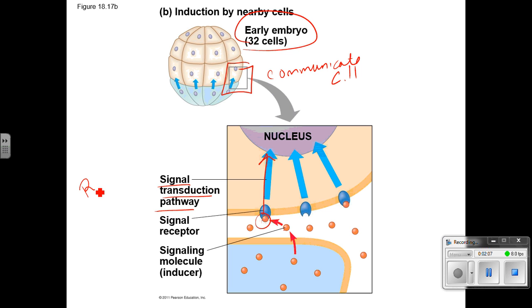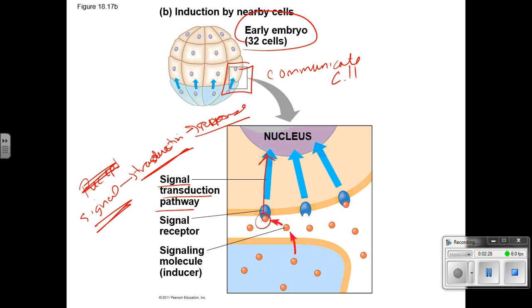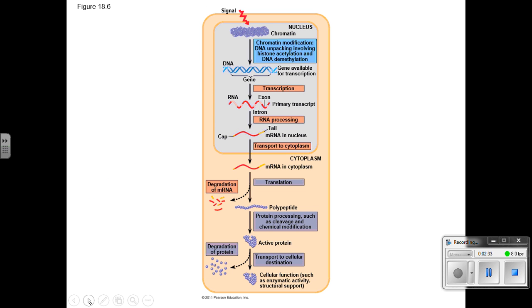It was called signal, transduction, and then response. One cell sends a signal, the signal is transduced, and then ultimately a response is set up. And I'm sorry that that's so sloppy, you probably can't read it.